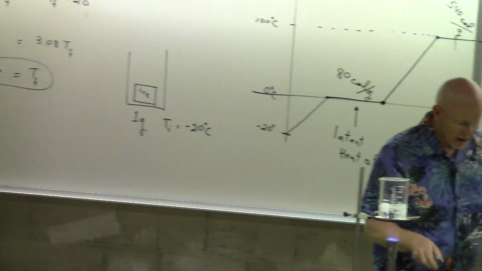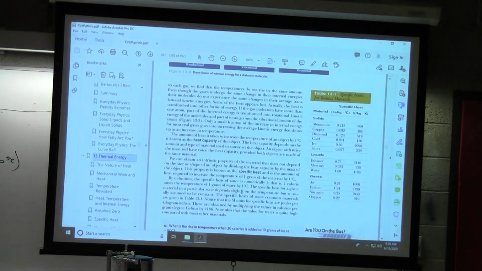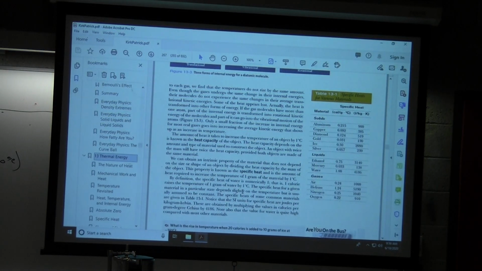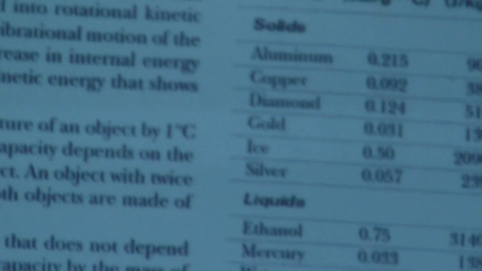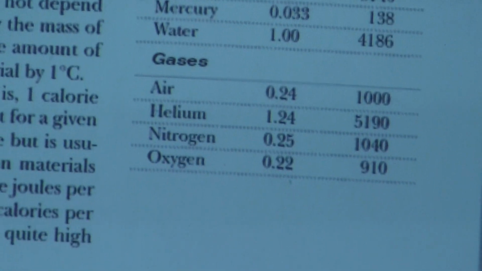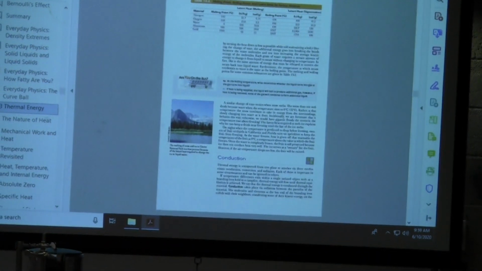Okay. Let me turn on the projector again, because I spent this whole time talking and calculating water. But just like there would be a specific heat for each material, there is also a latent heat for each material.